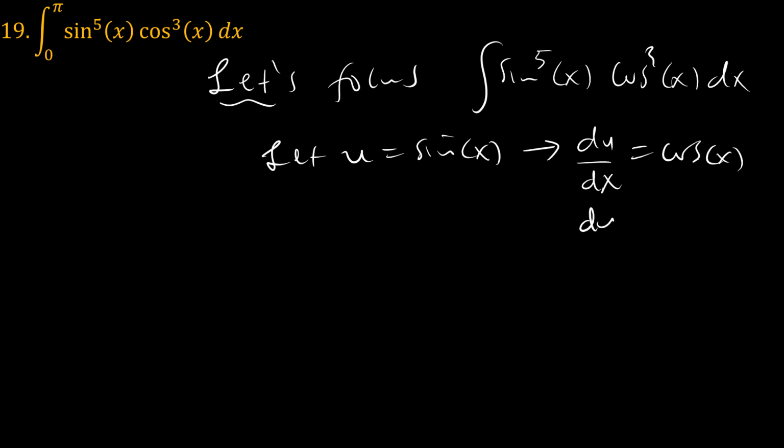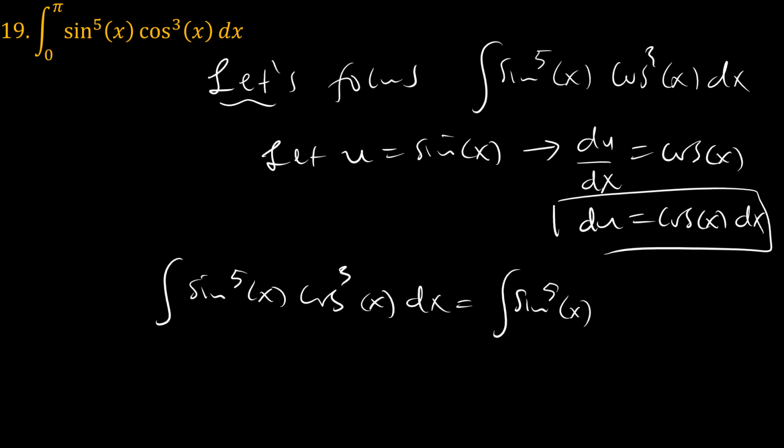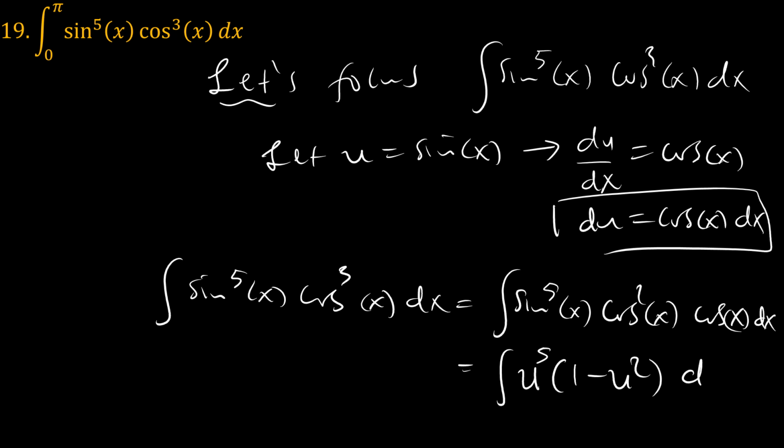And so du can be used to substitute for that. So the integrand can also be represented as u to the fifth times (1 minus u squared) du.